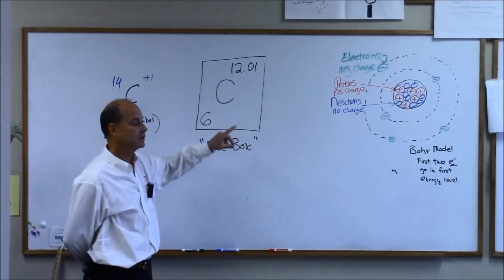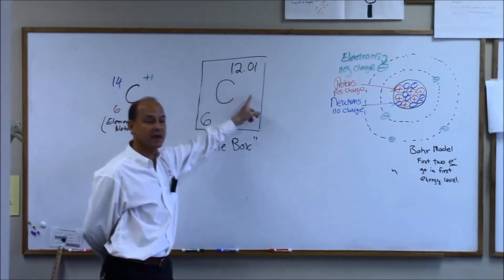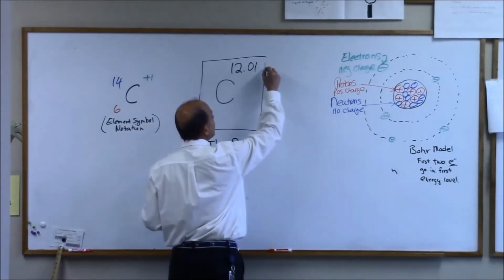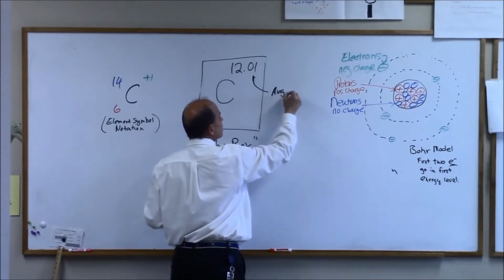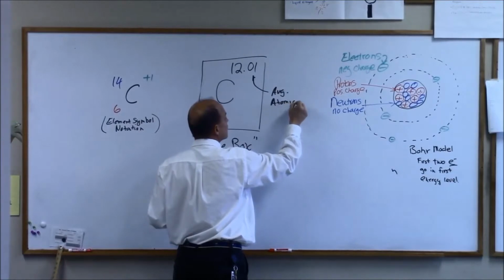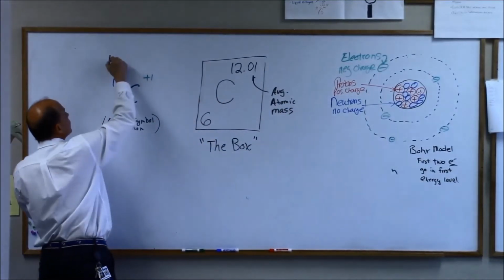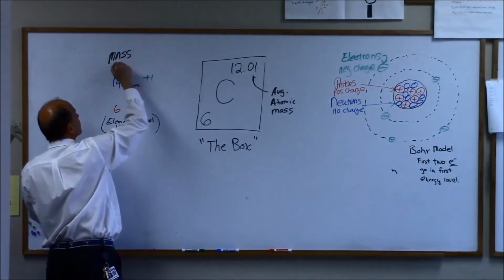What, Corellia? This is the decimal number, this is the average atomic mass. Good. This is what I wanted to point out. This is the average atomic mass. Not to be confused with the mass number.